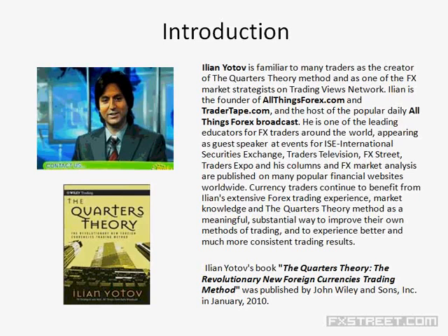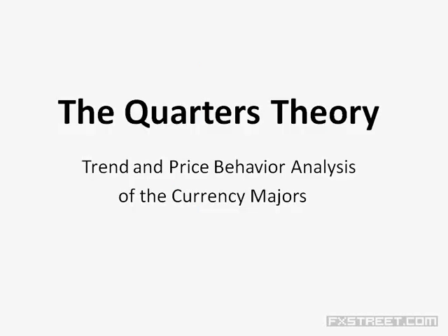What we're going to discuss in the webinar today is some of the trend and price behavior analysis methods of the Quarters Theory. I'm going to take a look at 3 or even 4 major currency pairs: Euro dollar, pound dollar, dollar yen, and also the Aussie against the US dollar.